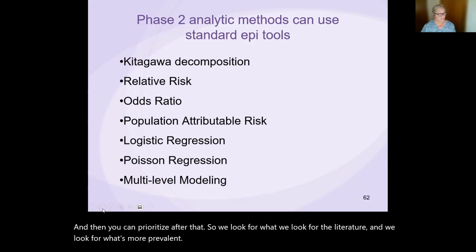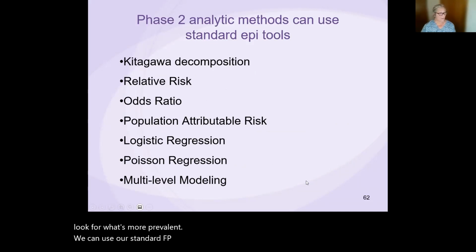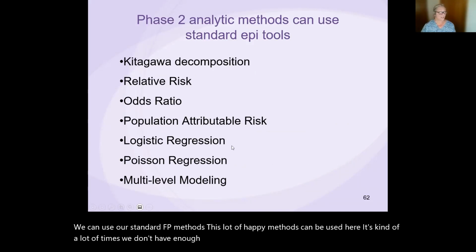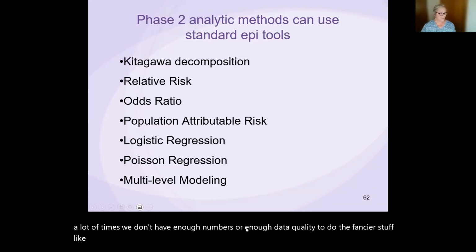We can use our standard epi methods. A lot of epi methods can be used here. A lot of times we don't have enough numbers or enough data quality to do the fancier stuff like logistic regression, and anything below there are usually difficult.